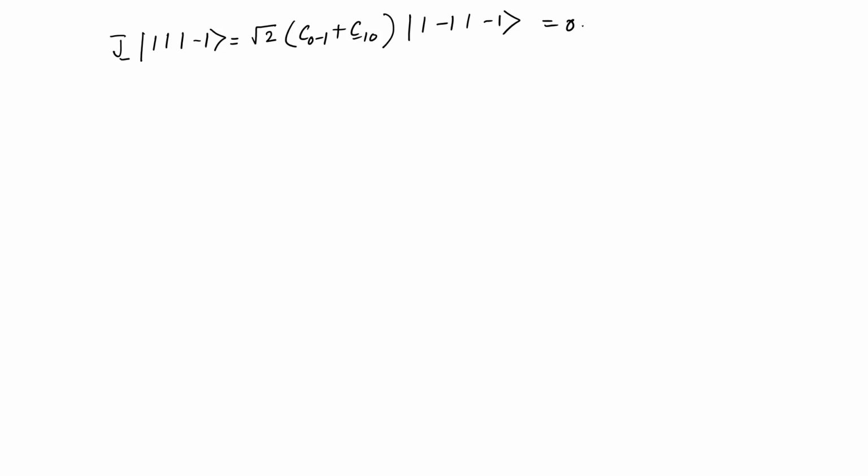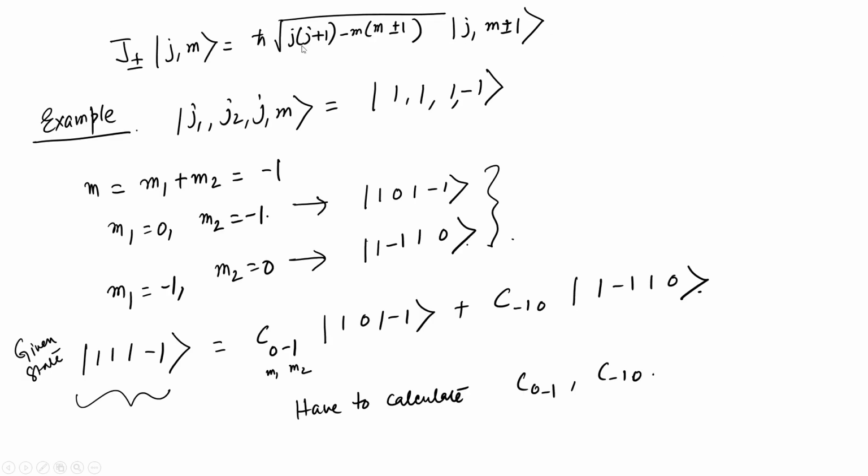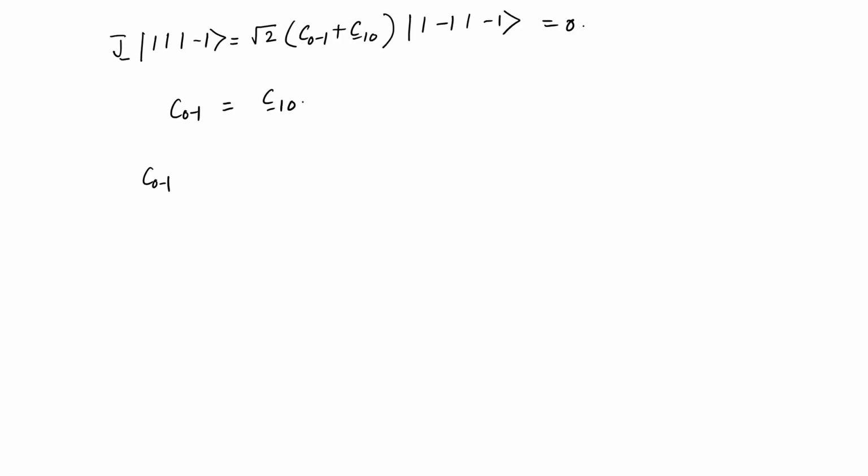And this, if you put equal to 0, then you have C 0 minus 1 is equal to minus C minus 1 0, and this root 2 comes from that square root that you have here. Okay.